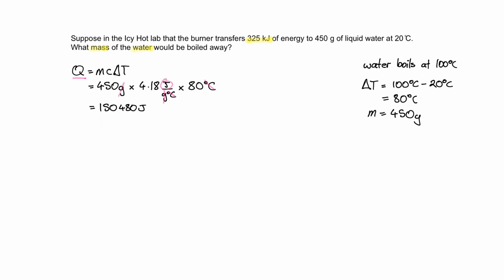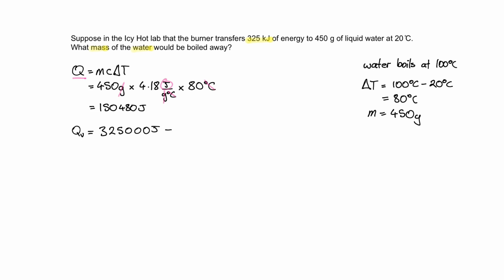But the energy that we've used here is less than the energy that we've put into the system. That means that this additional energy has been used to boil the water and turn it into a gas. So let's calculate how much energy that actually is. I'm just going to write QV, this is the energy that's left to turn it into a gas, is equal to our starting energy, 325,000 joules.